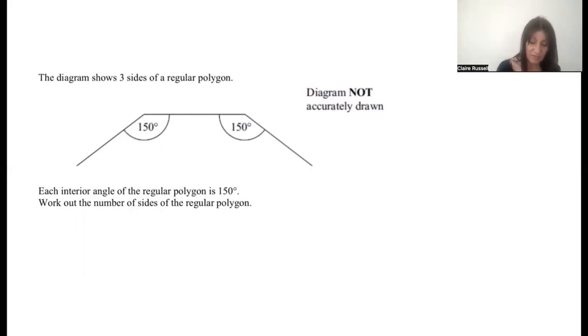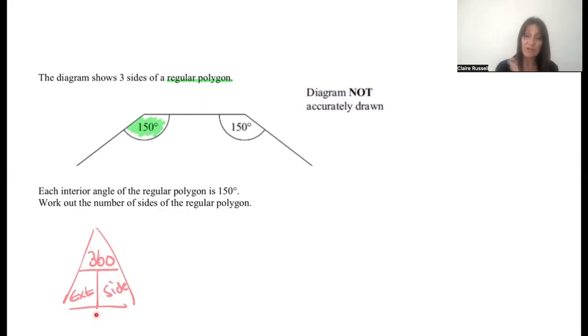Okay, so regular. Regular should trigger a formula triangle with 360 on the top, exterior and sides. I've got a regular polygon. I can see the interior is 150. Now the interior of 150 isn't something I can use directly with my triangle because my triangle wants exterior.